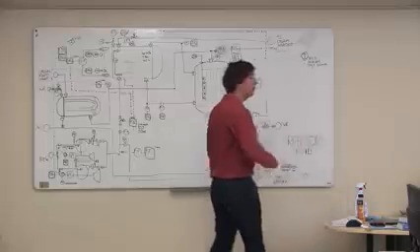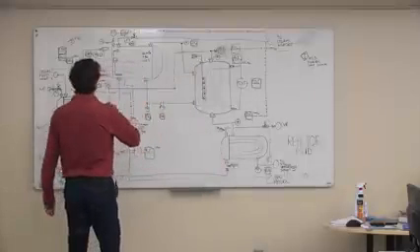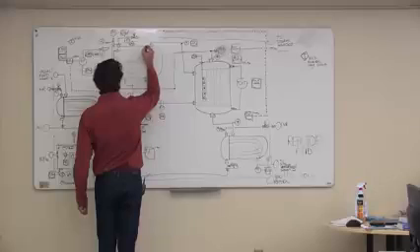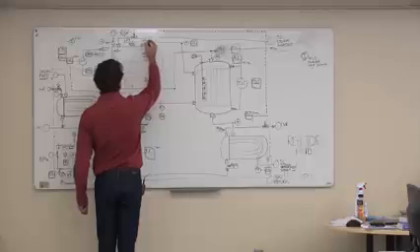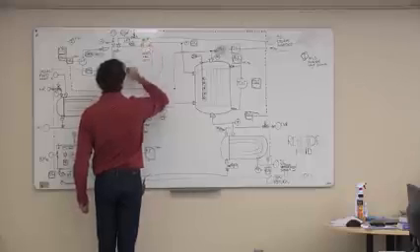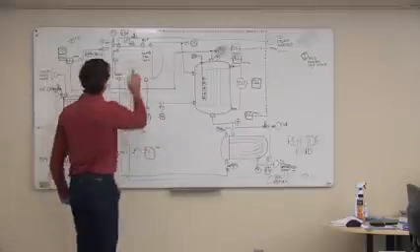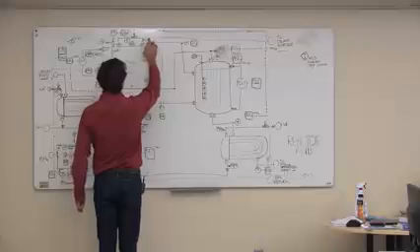Oh, I know. Relief valves. We've got a potential overpressure hazard here. We need to make sure we put a relief valve on here. There. That looks a little bit confusing because it doesn't go into the steam line, it goes to atmosphere.